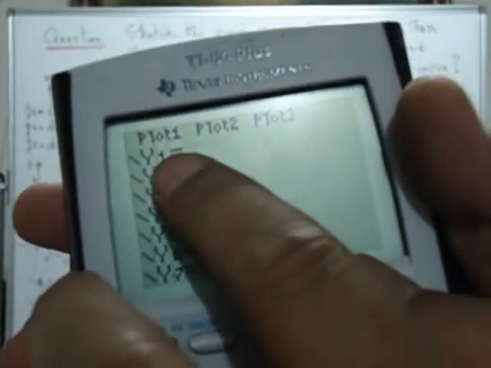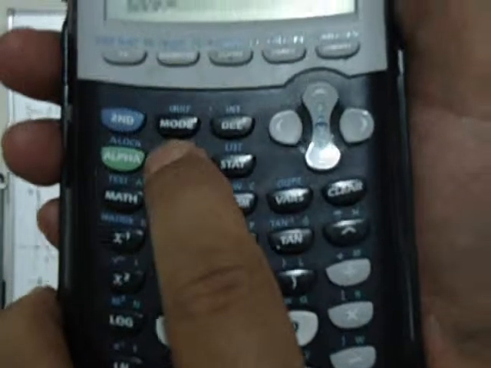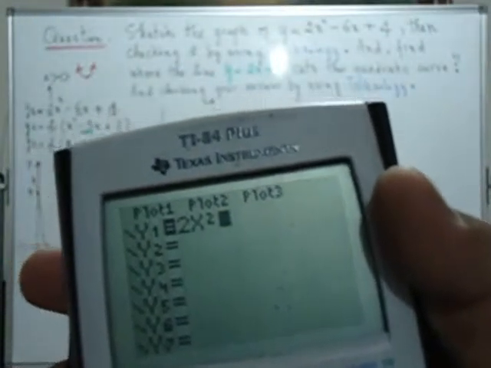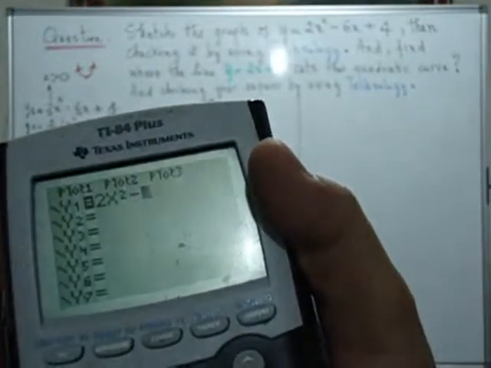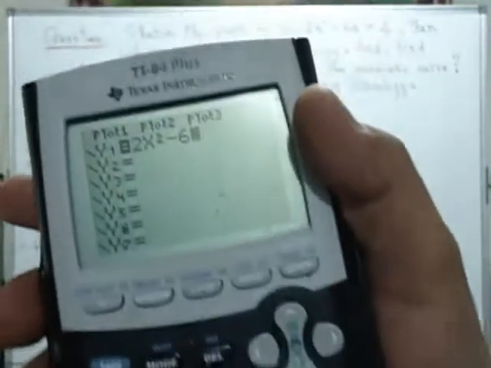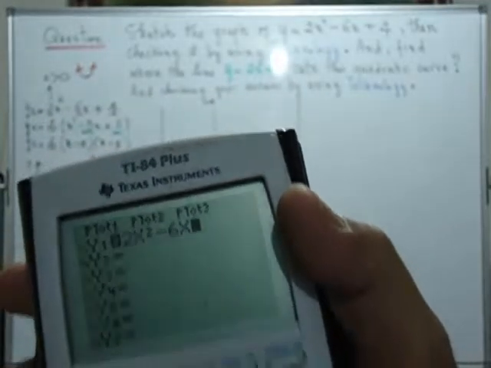So that is y1. We enter 2x squared minus 6x plus 4.